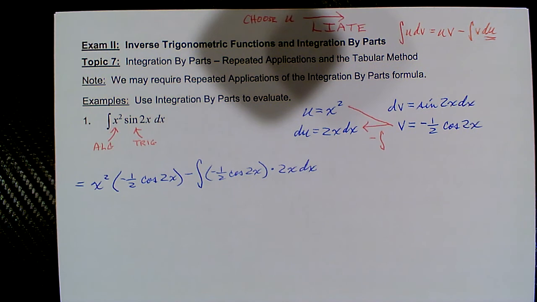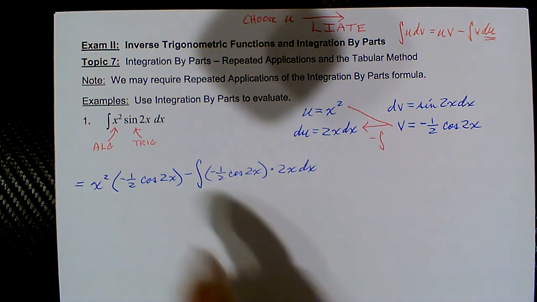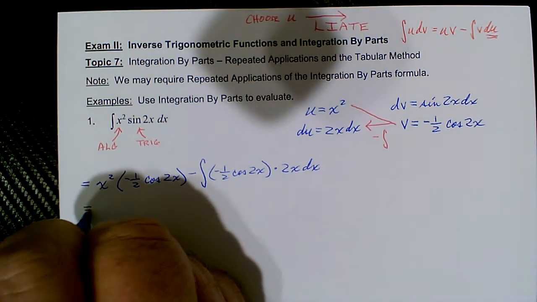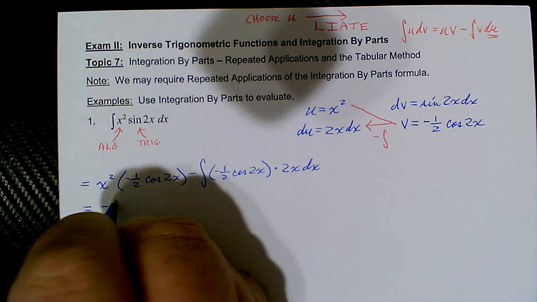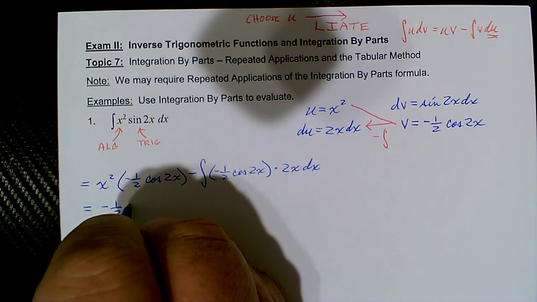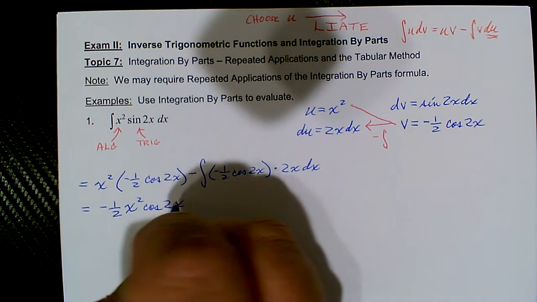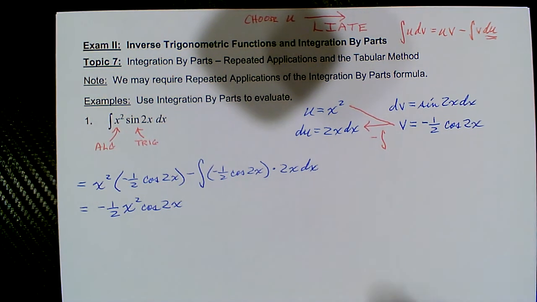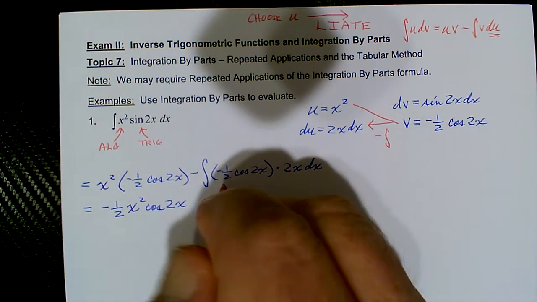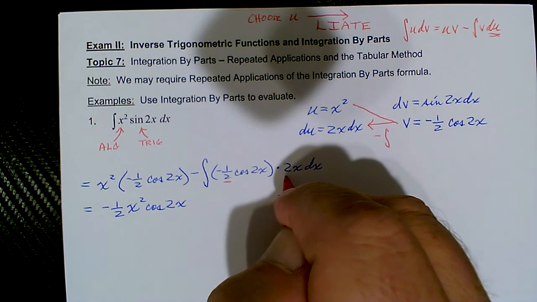And at that point, we'll clean things up. We'll rewrite this first term as negative 1/2 x squared cosine 2x. Okay, from the new integral, we can factor out this negative 1/2 and also the 2.